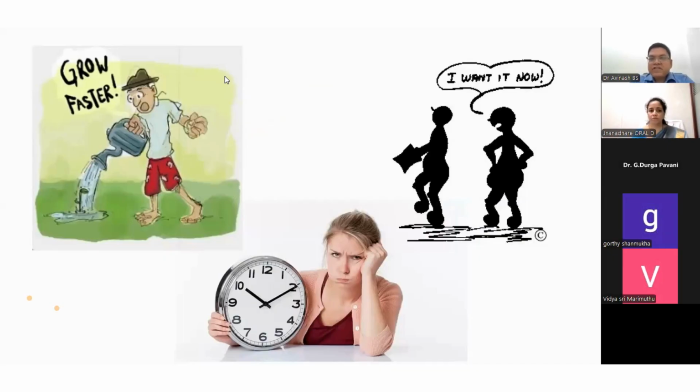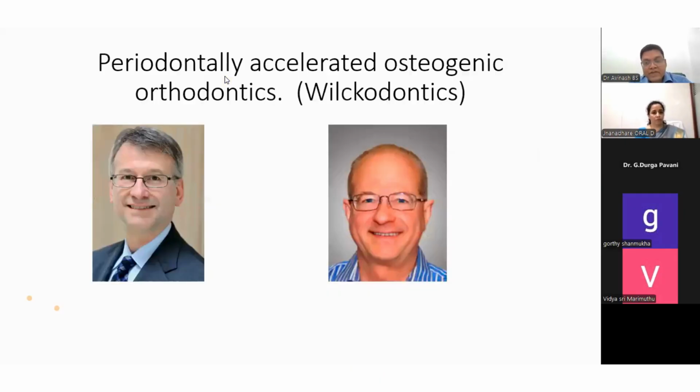Nowadays we know that everyone wants treatment to be faster, and everything has to happen instantly. Unfortunately, with conventional orthodontics, we can't do that. Why can't we? Because it causes damage to the periodontium. So keeping this in mind, there were two brothers, one periodontist and one orthodontist.